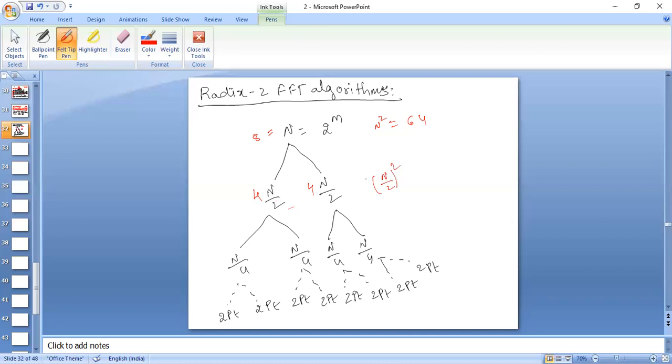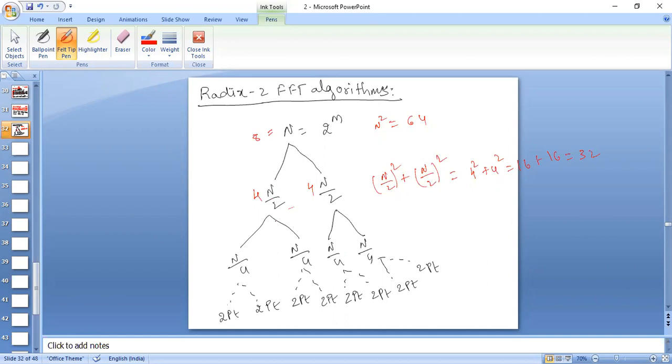So n by 2 whole square plus n by 2 whole square, that is equal to 4 square plus 4 square, that is equal to 16 plus 16, which is equal to 32. So after first stage of decomposition, the number of multipliers required are reduced to 32 from 64, right? And as I said, this decomposition should continue until a length of 2 point DFT is achieved.